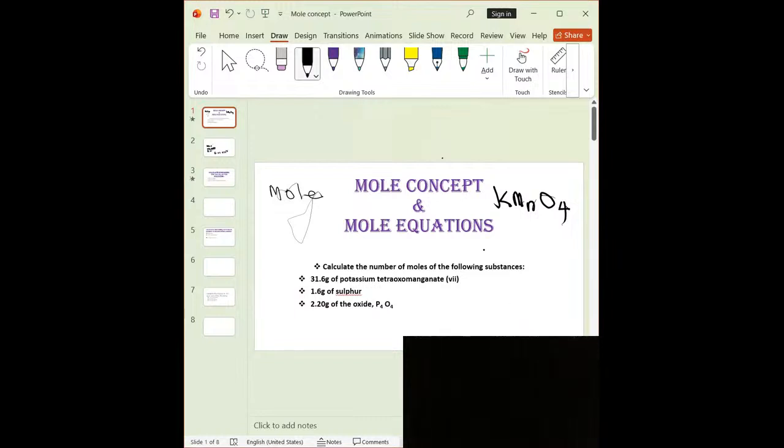The formula we're going to use is mole equal to mass over molar mass. The first task after the equation is to calculate the molecular mass of this compound. Remember, K equal to 39, Mn equal to 55, while oxygen equal to 16.